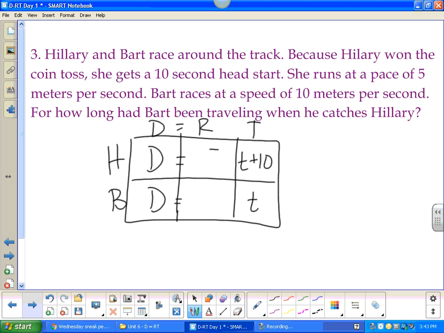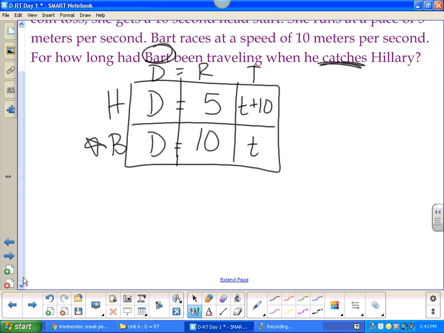She runs 5 meters per second. Bart goes 10 meters per second. For how long had Bart, so I want Bart, been traveling when he catches Hilary? That means they are the same. So again, I'm going to set these equal to each other. So 5 times t plus 10 equals 10t.